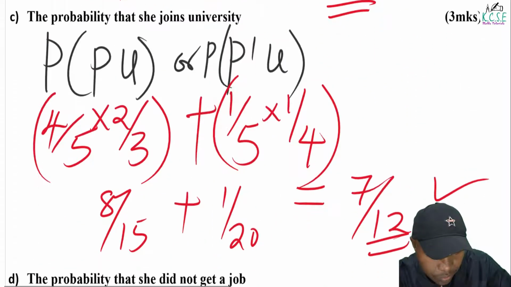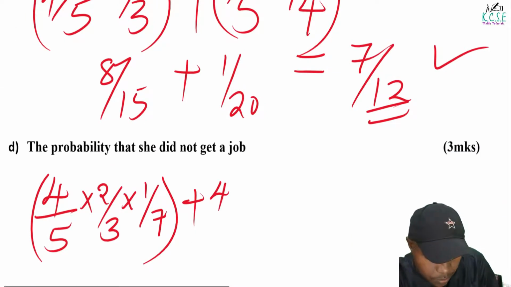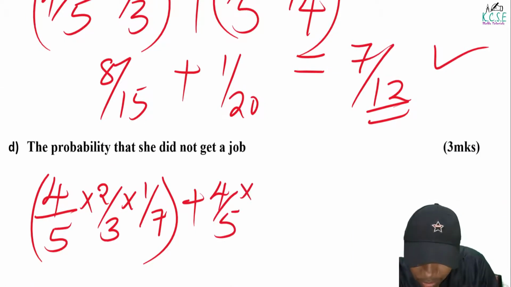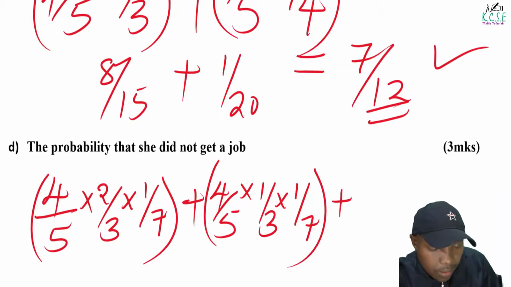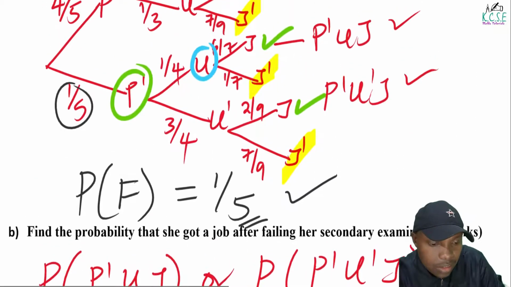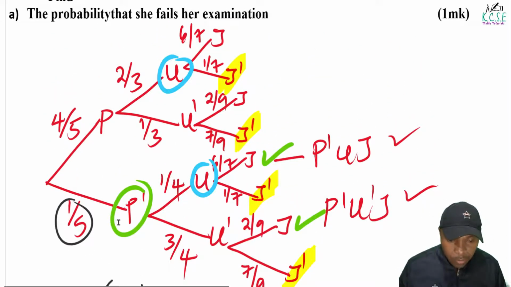So we write it. The second instance is 4 over 5 times a third times 1 over 7. The next instance is here. The third one is now failing the secondary school examination, that is 1 over 5, joining the university, 1 over 4, and failing to get the job.